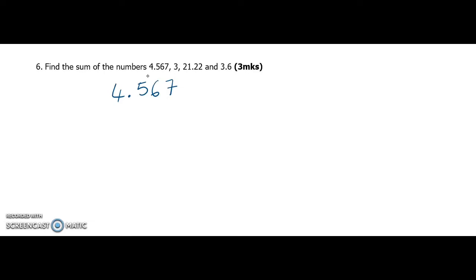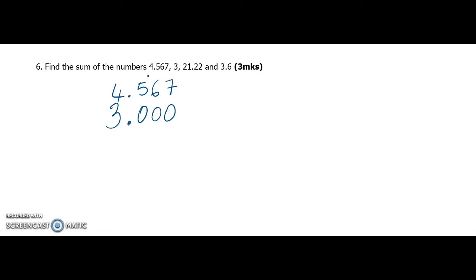In the ones place, I'm going to put my 3 here. Put my decimal point here and I'm going to add some zeros for space holder. The 3 by itself cannot automatically turn into a decimal number when it is not written as a decimal. It is written as 3. That means the value is 3 ones. So we put it in the ones place.